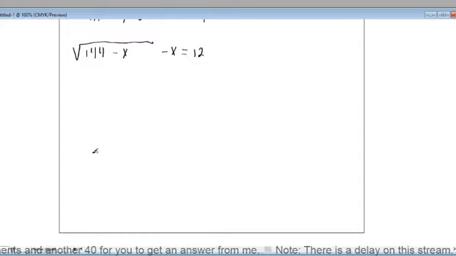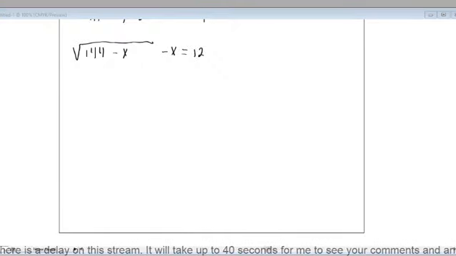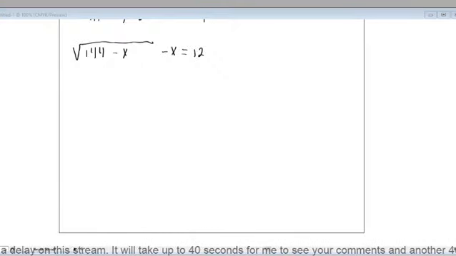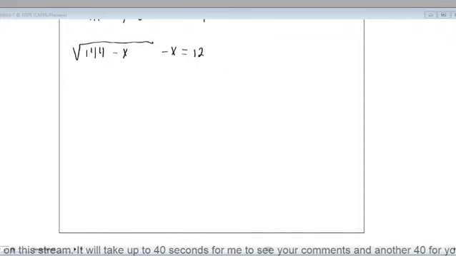So, I really don't want that square root hanging around. It's giving me problems right now. So, let's go ahead and try and get rid of it. Now, before we get rid of it, we need to get that x to the other side, because we just want that square root by itself. Basically, what I want to do here is be able to square both sides to get rid of that square root.